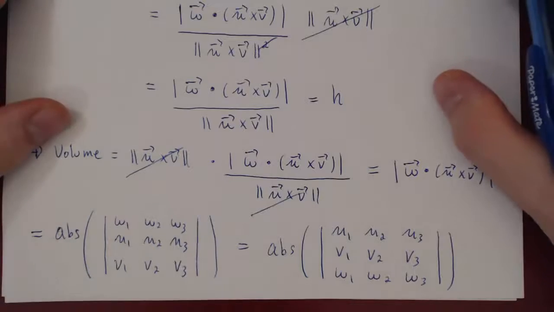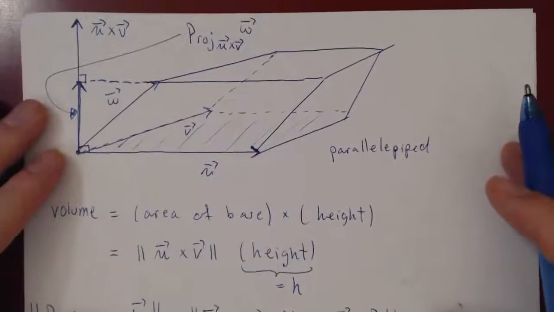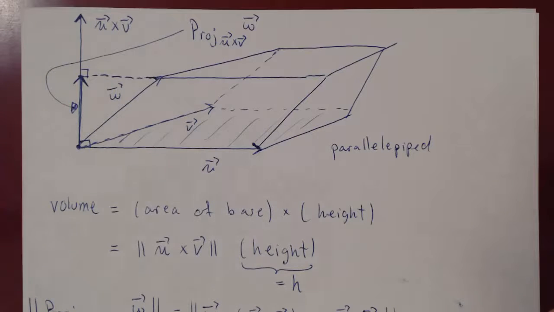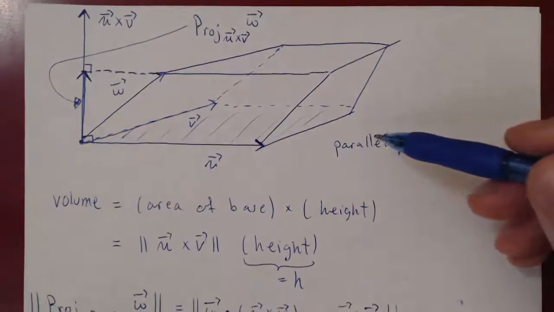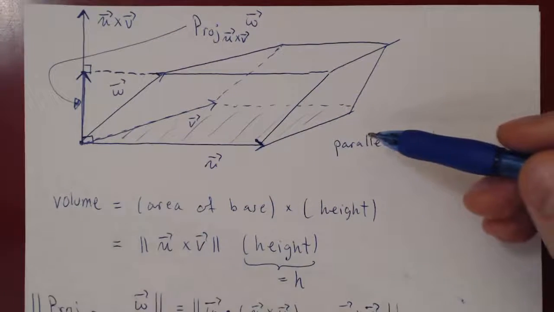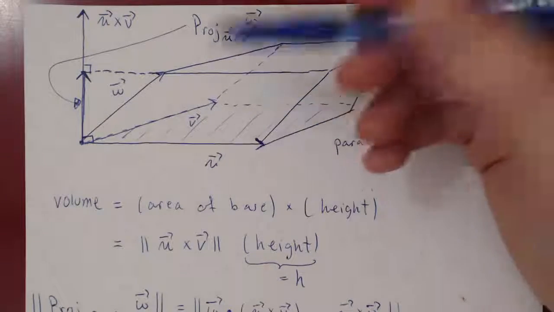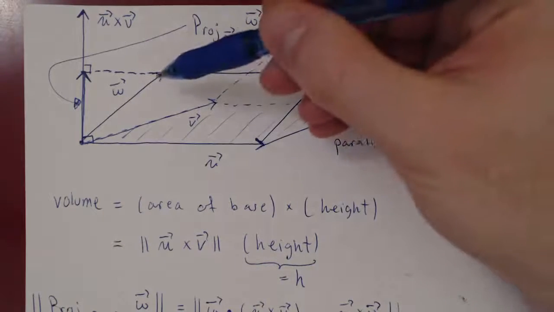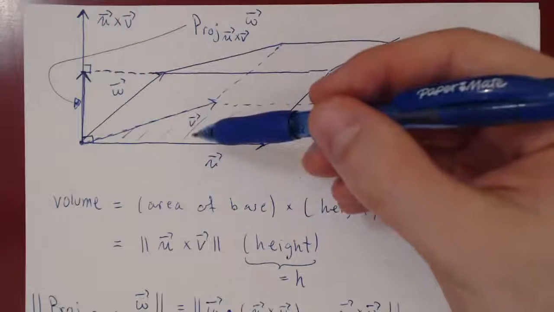One last observation is the following. Suppose I ask you the following question. How would you check whether or not three vectors, u, v, and w, so three vectors in R3, are lying on the same plane or not? Well, think of it. If the three vectors are lying on the same plane, this means that w is lying on the plane spanned by u and v.